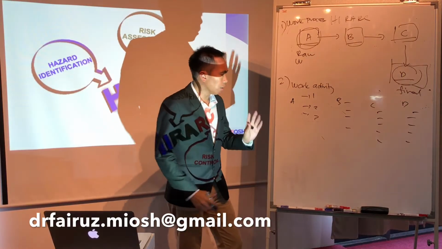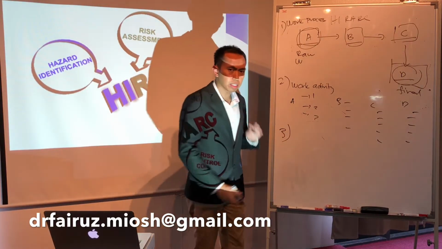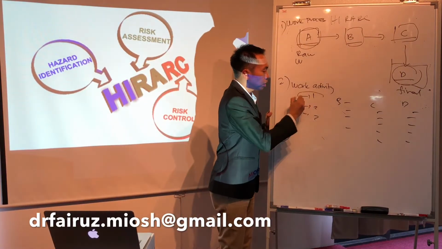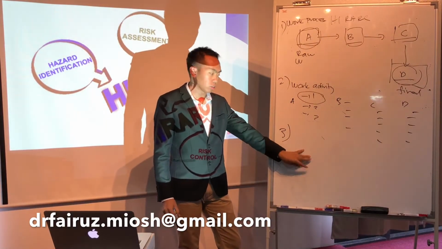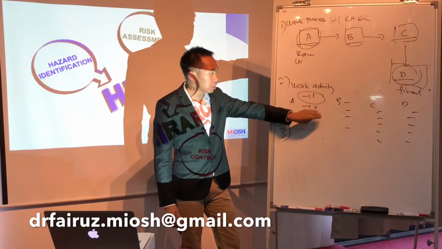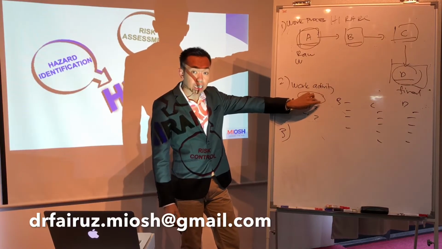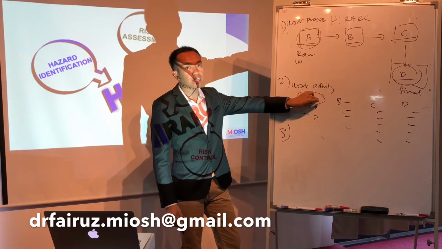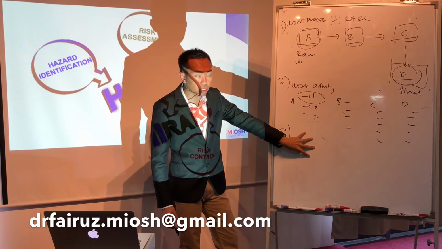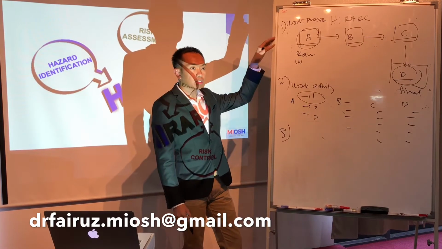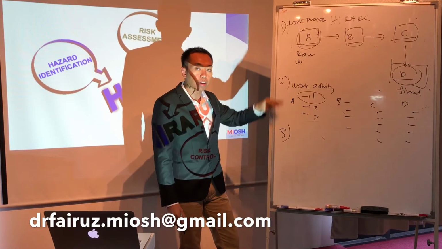After that, number 3, from each work activity, you need to identify again your hazard. When you see the workers doing their work, doing their duty, you must consider all 5 types of hazards.